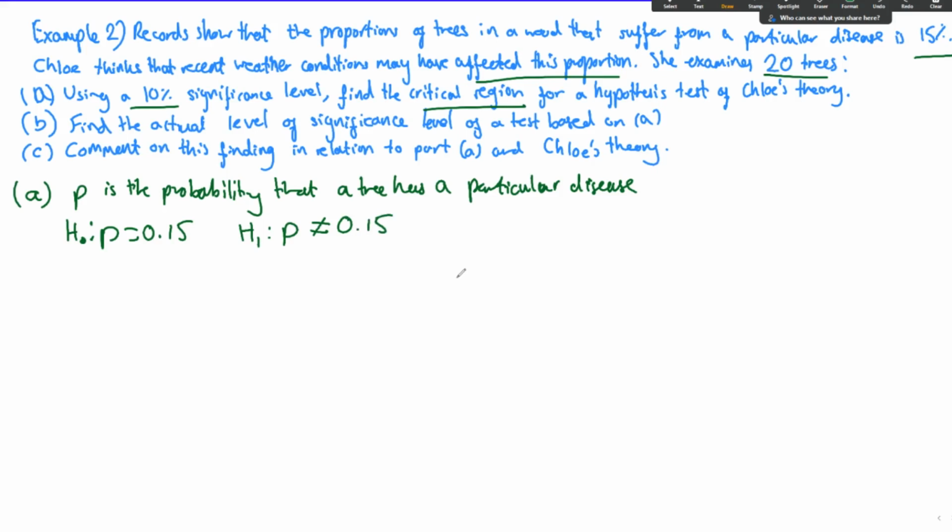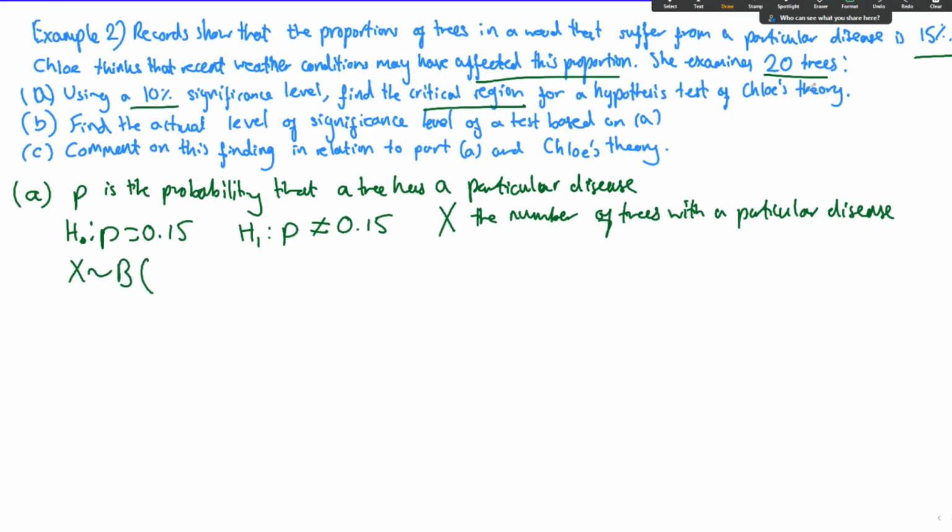Okay. And then next, we define our test statistic. So x is the number of trees with a particular disease. And then we can move on and define our distribution. So it'll be a binomial.